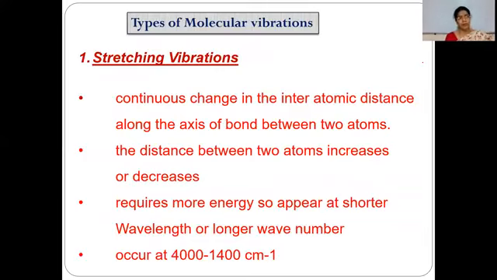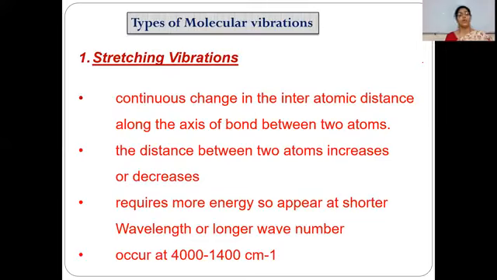In organic molecules, two types of molecular vibrations are possible. First is the stretching vibration. Stretching vibration is the continuous change in the interatomic distance along the axis of the bond between the two atoms.